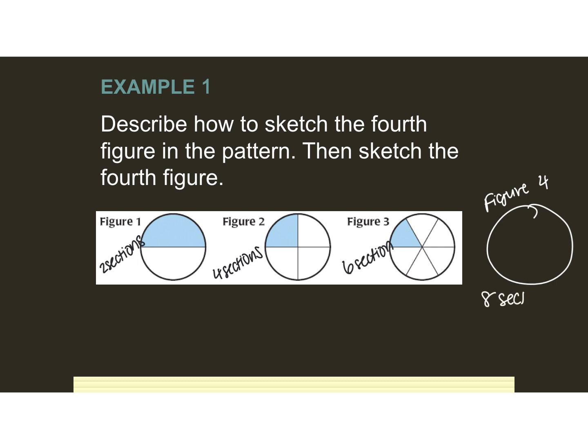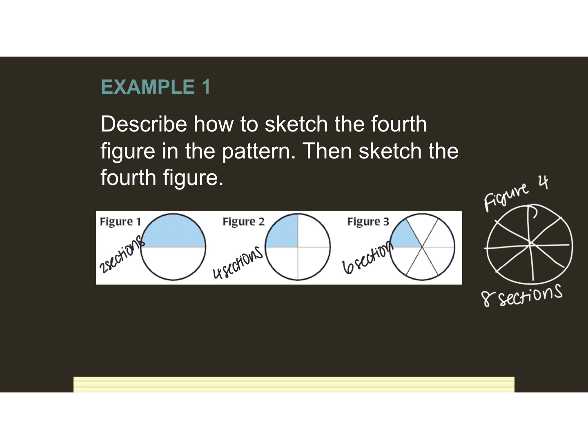So I'm going to have about 8 sections. So what is my pattern looking at this? What patterns could we have? 2. Okay, adding 2. So yeah, I could add 2 to each. Multiplying by 2. When you're saying multiplying by 2, what number am I multiplying by 2?